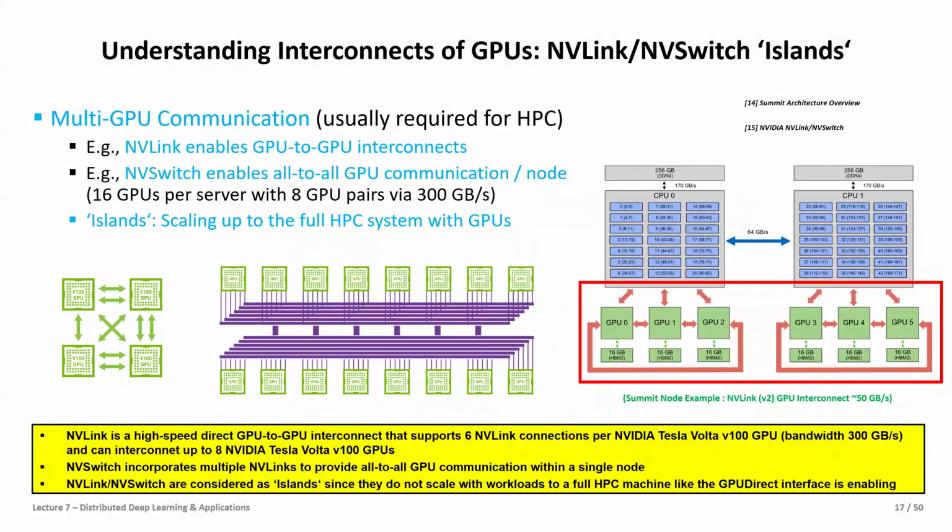So in this sense, you have essentially this idea that these GPUs are very well interconnected with an NVLink. In other words, GPU to GPU, which is what we need within the node, and then NVSwitches enable us to communicate all to all, what we need in all-reduce, if you remember.